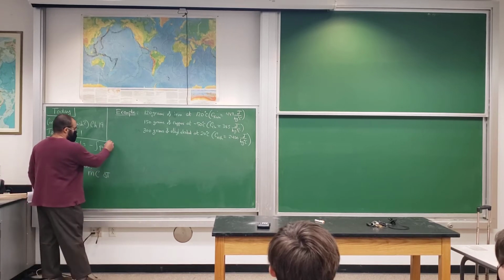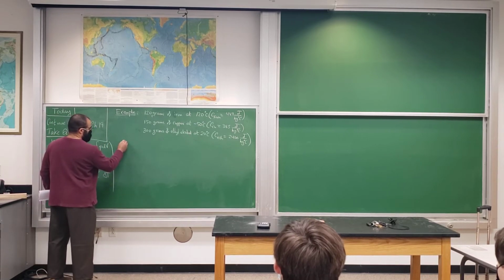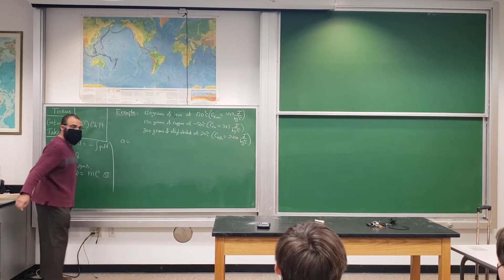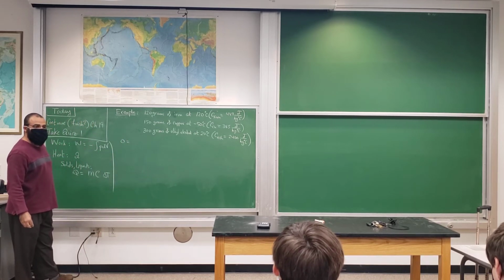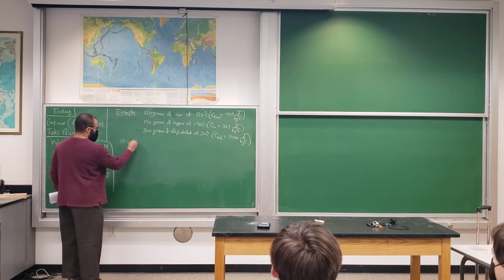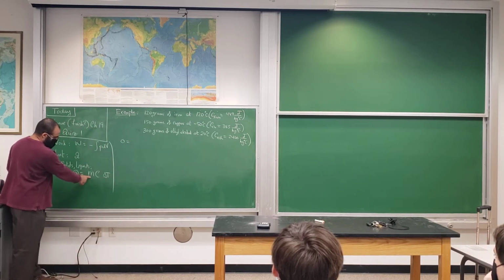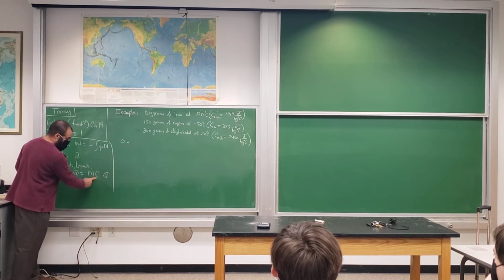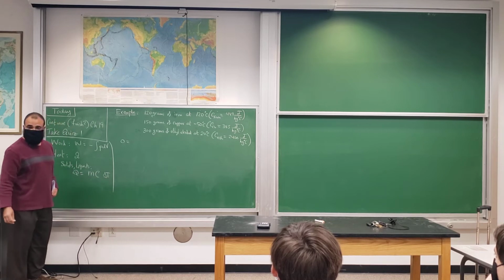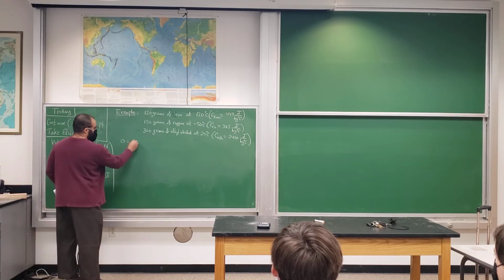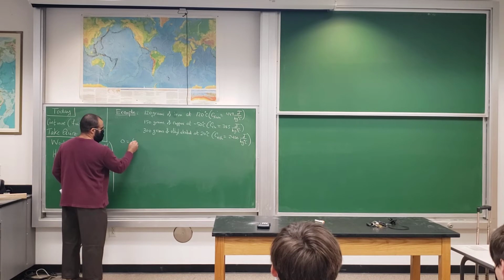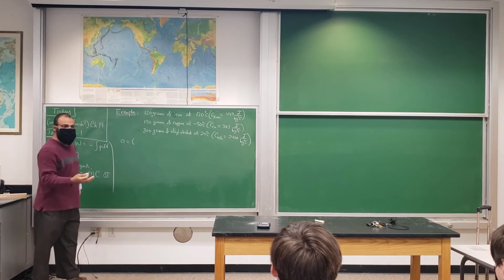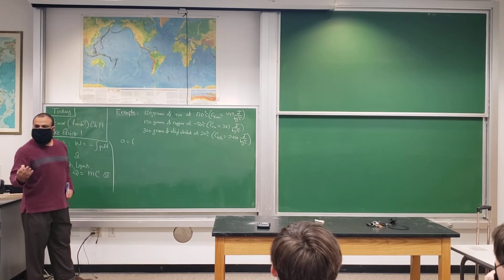So that's what we're going to say. We're going to say 0 is equal to. We'll start with the iron. So it would be the mass of the iron times the specific heat of the iron times the change in temperature of the iron. So the mass of the iron is what? I'm going to plug in numbers because there is only one unknown.